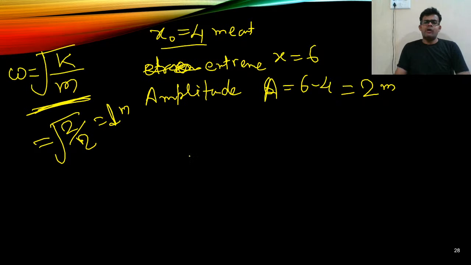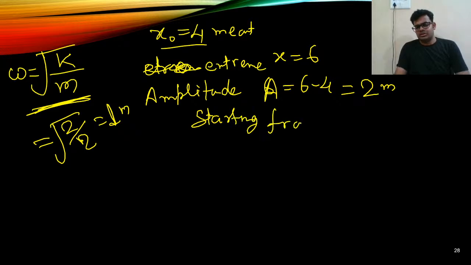Okay. Now particle is starting from rest. So it is starting from rest means it is starting from extreme position, and it is starting from extreme position means phi is equal to pi by 2.